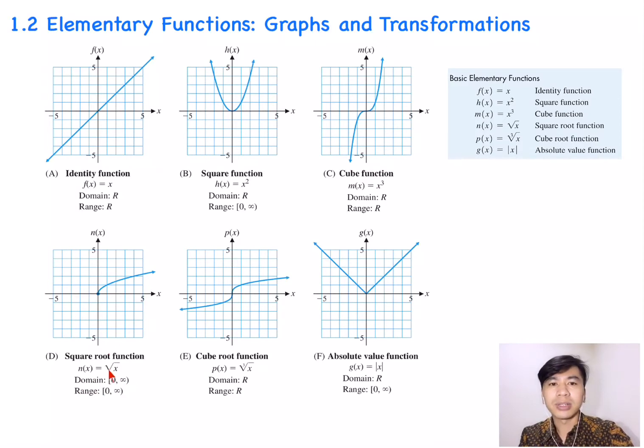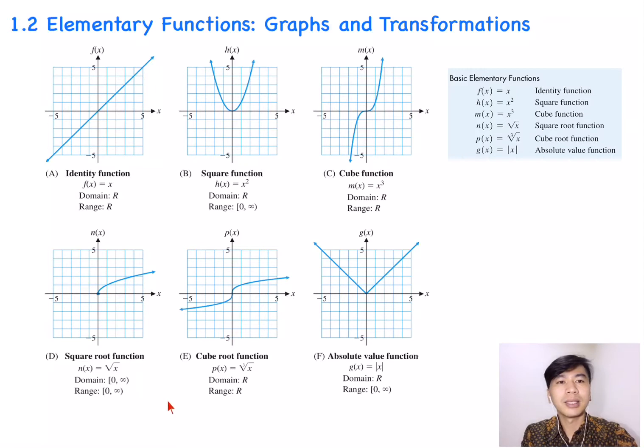Square root of x cannot have an imaginary number as range, right? So to avoid imaginary numbers, the domain is supposed to begin from 0 to positive infinity. When it goes negative, you'll have the square root of a negative value, which goes to the range of imaginary numbers, and that's not what we want to achieve.